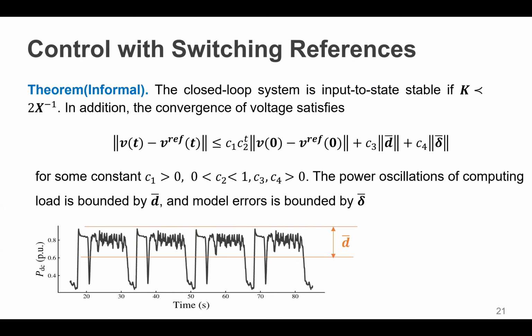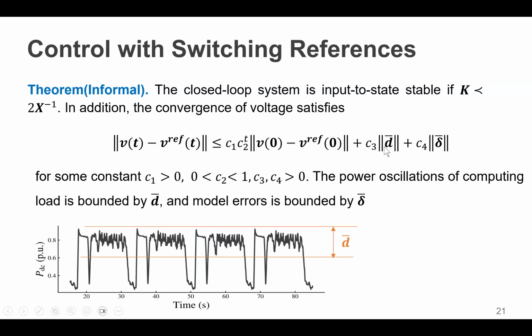So my question is, I'm guessing the C3 will change. Is that it? Because it is still going to be bounded by the max load change, right? Right, they'll still be bounded, but now the magnitude will be much higher, so that will be a much larger voltage deviation. But I thought D is an input, right? The power oscillations of the computing load.